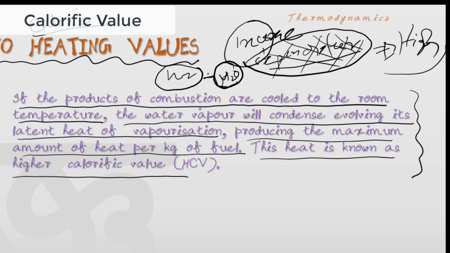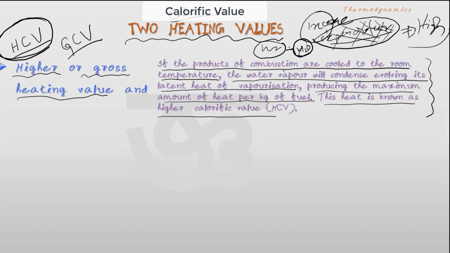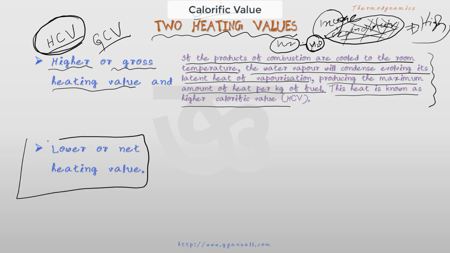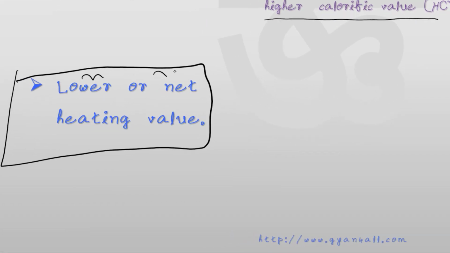Without considering the expenditure part, that is called gross income. But if we deduct the expenditure, that income is called net income. And in case of a calorific value, that is called lower or net calorific value. In short, it is called LCV, lower calorific value.